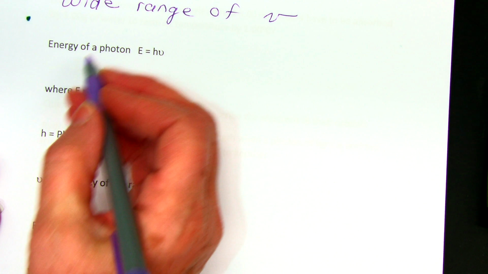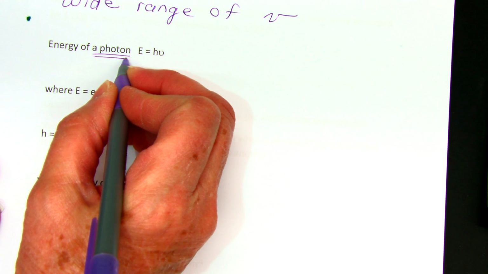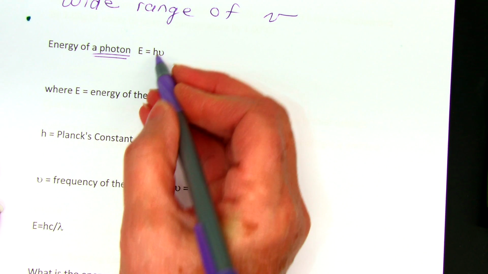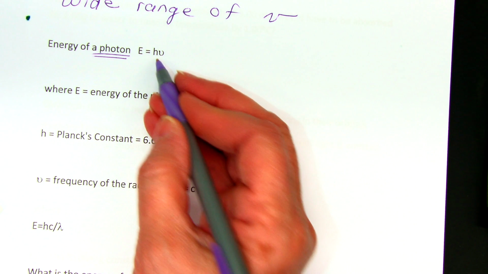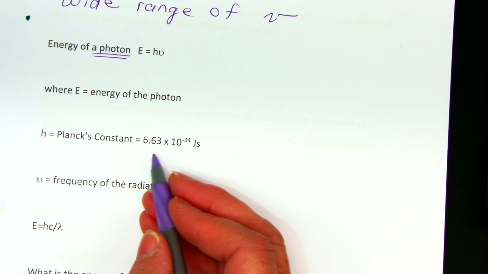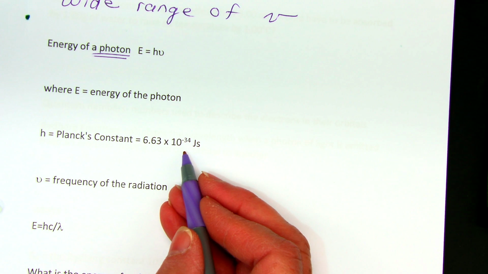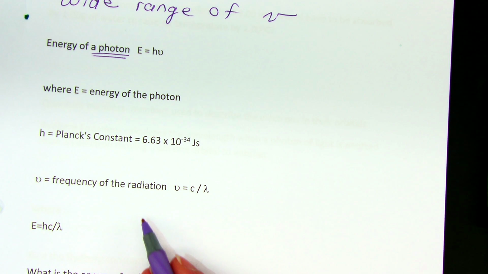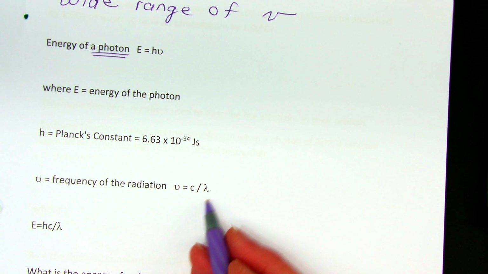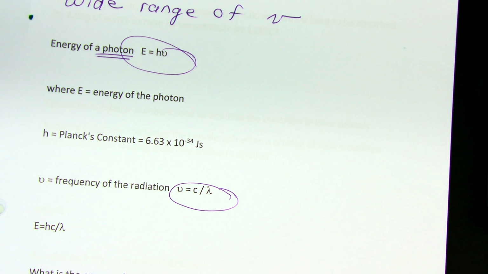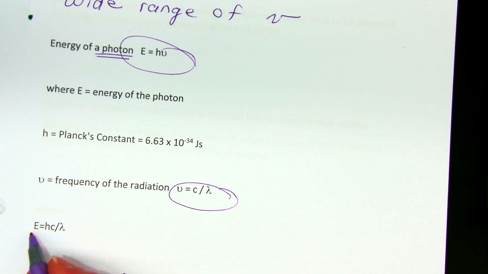We know that E is equal to h nu. h is Planck's constant, 6.63 times 10 to the negative 34th joule seconds. Nu is the frequency of the radiation, and you remember that nu is C over lambda, so we can substitute C over lambda for nu, and E is hc over lambda.